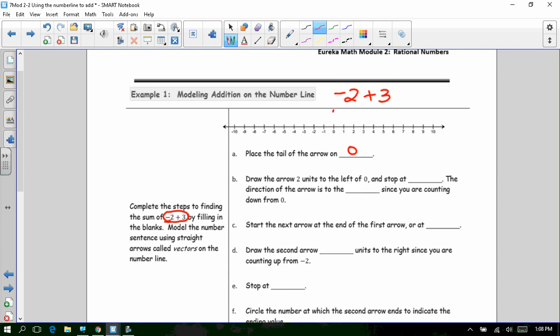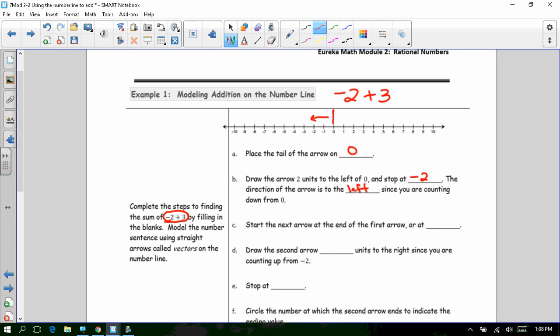Draw the arrow 2 units to the left of 0 and stop at -2. The direction of the arrow is to the left. We went left since we were counting down, because it was negative. Negatives are to the left of 0.